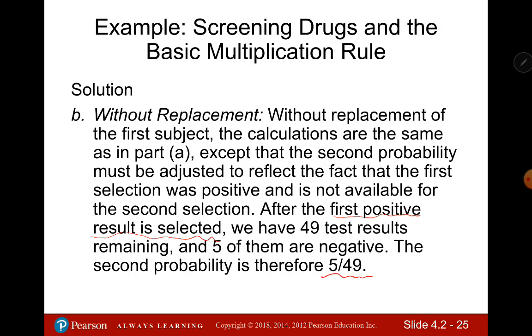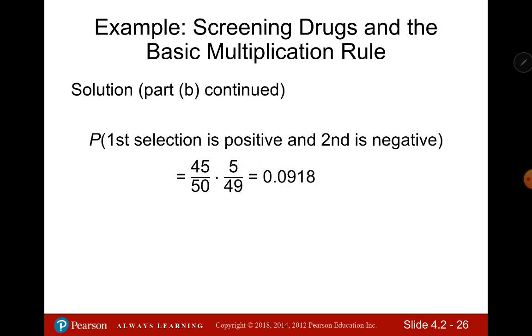So event A happening affects the probability of the second selection, event B. So in this kind of case, A and B are not independent. We will say this one is P(A) and this one is P(B given A).